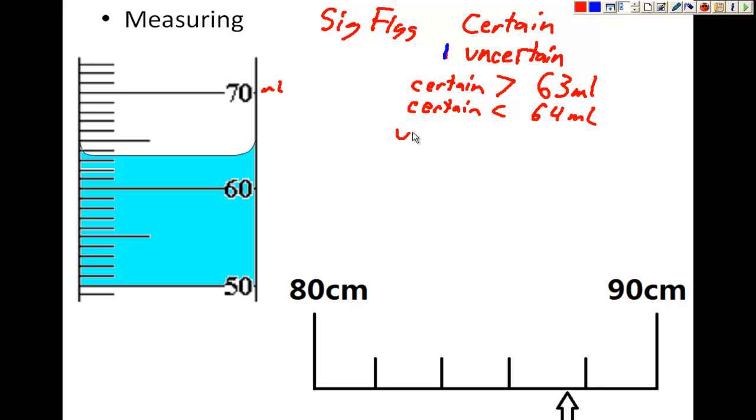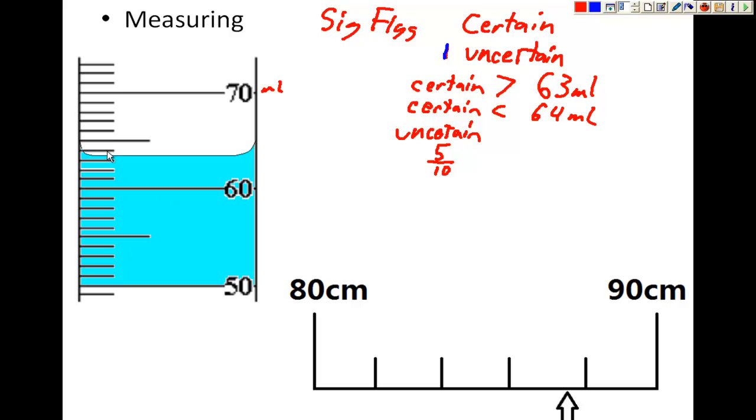Now, for our last number, our uncertain, remember it's all the certain numbers plus the one uncertain number, is somewhere in between here. And we don't know exactly whereabouts it lies in between these two lines. But to me, that looks about 5/10, about halfway. So I'm going to take half of this.